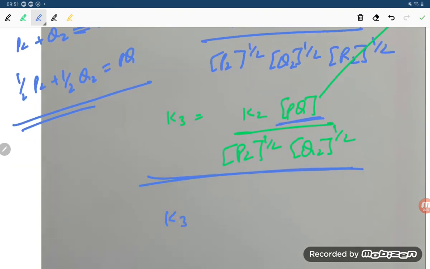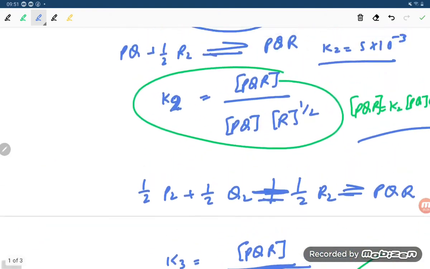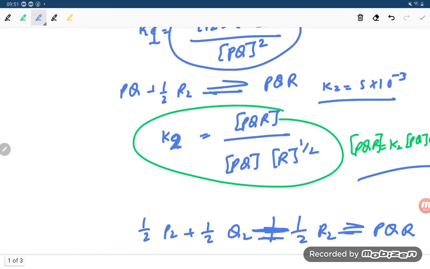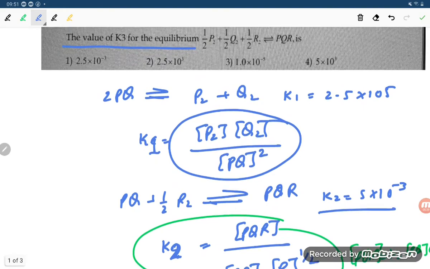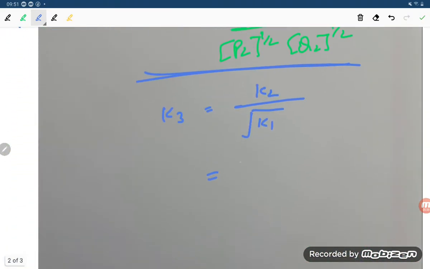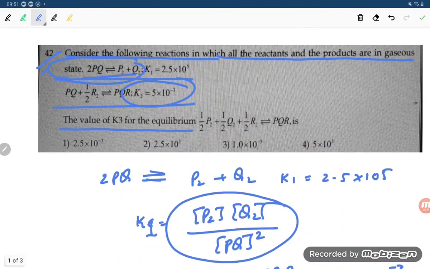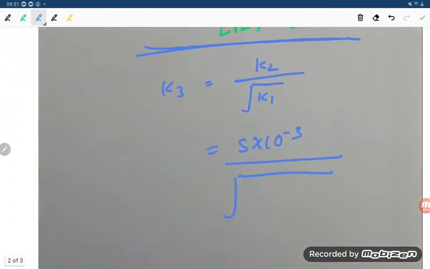So K3 is equal to K2 times, upon reversing K1, but with the half it is root K1. Put the values: K2 is 5 into 10 power minus 3, and K1 is 2.5 into 10 power 5.